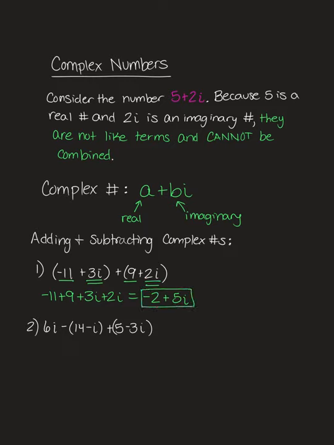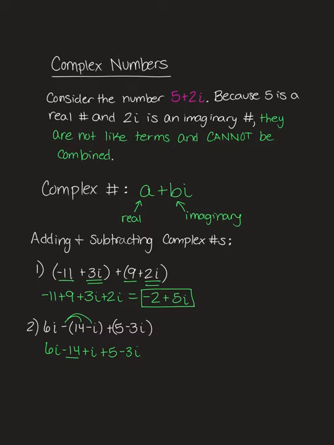If you look at number 2, something a little bit more complicated, again, just combine like terms. However, we have to do some simplification here. So I have to distribute that negative. So I will have 6i minus 14 plus i plus 5 minus 3i.